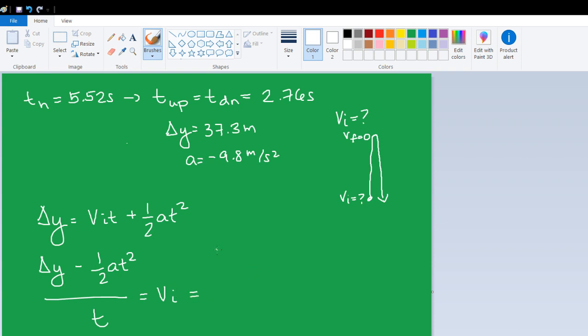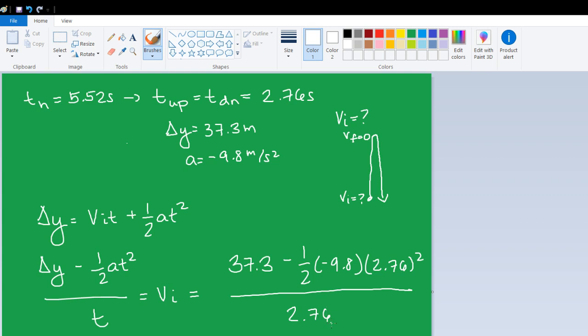And if we plug in the values, let's do it. 37.3 meters, because it's going up, minus 1/2 times negative 9.8 times the time, which is around 2.76 seconds, because again, we're going up, squared, all over the time again, so that's 2.76. Okay, let's get my calculator out.